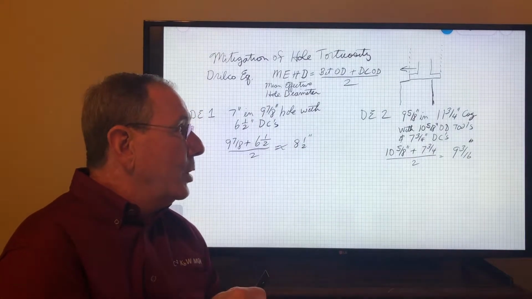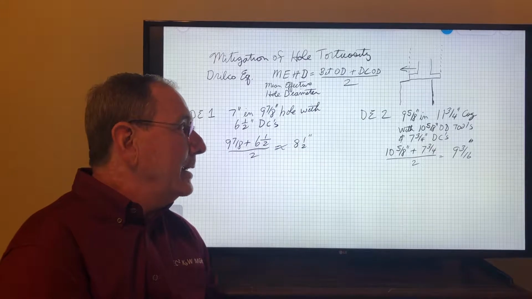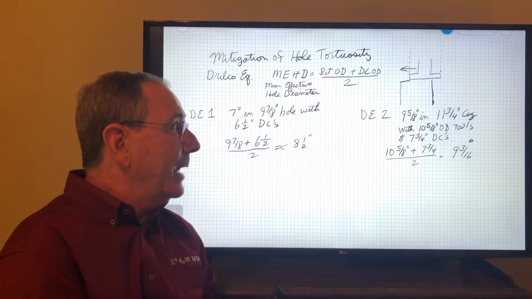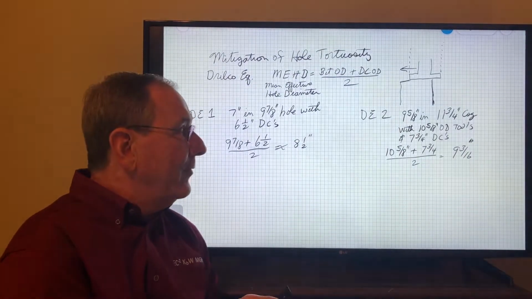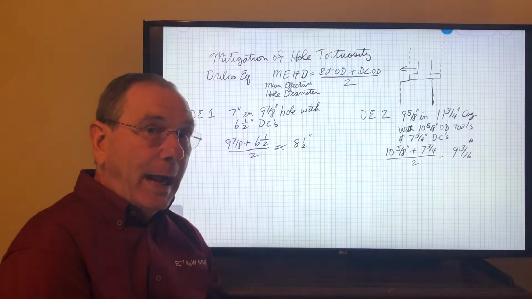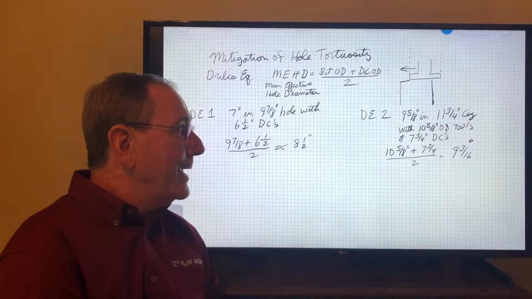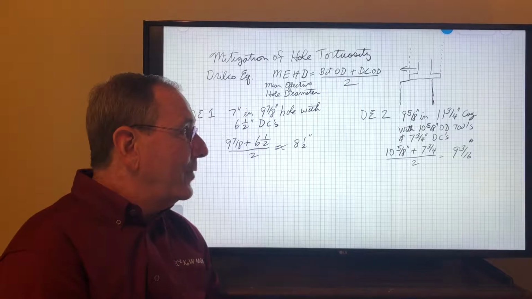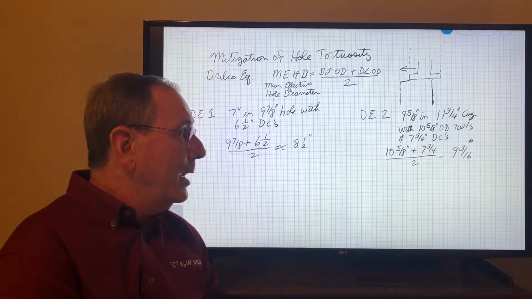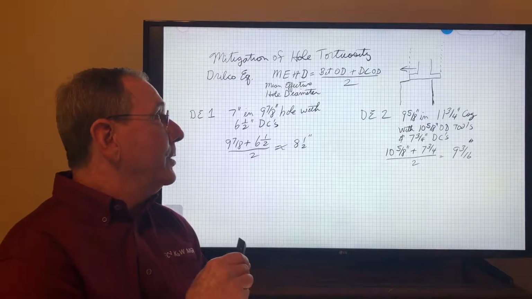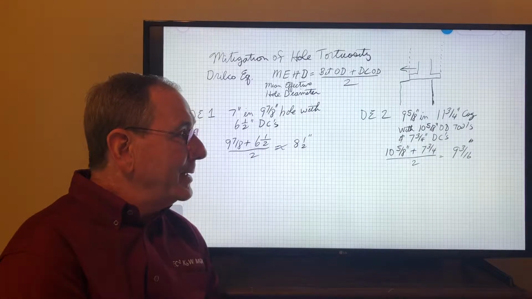Yet drilling engineer number 2 might be working in deep water or an operation where they run tight clearance, tight casing, and let's say he's running 9 5/8 casing through 11 3/4 casing. If he has a maximum of 10 5/8 OD tools, which is likely what you would have for 11 3/4 casing, and he's utilizing 7 3/4 inch drill collars, then plugging his maximum tool diameter plus his drill collar OD divided by 2 into the mean effective hole diameter equation, you end up with about 9 3/16.